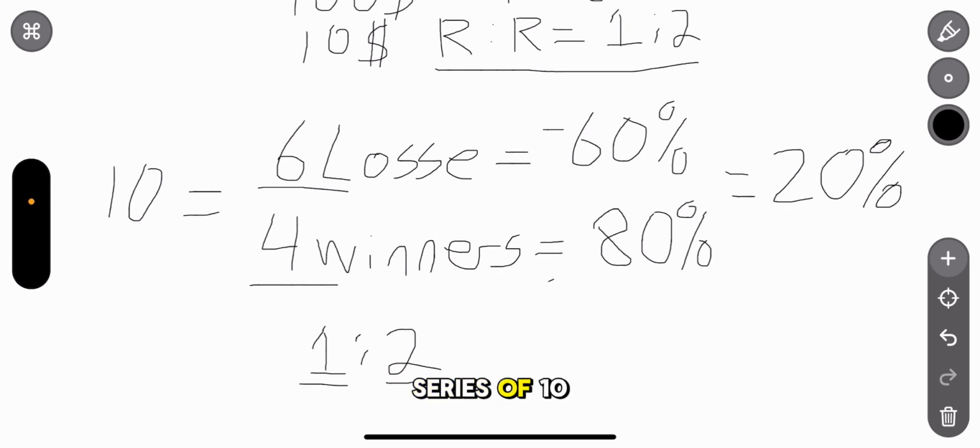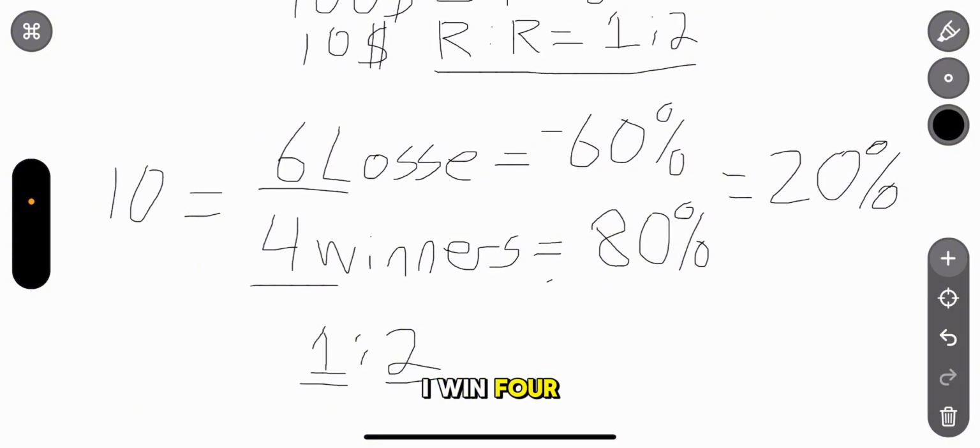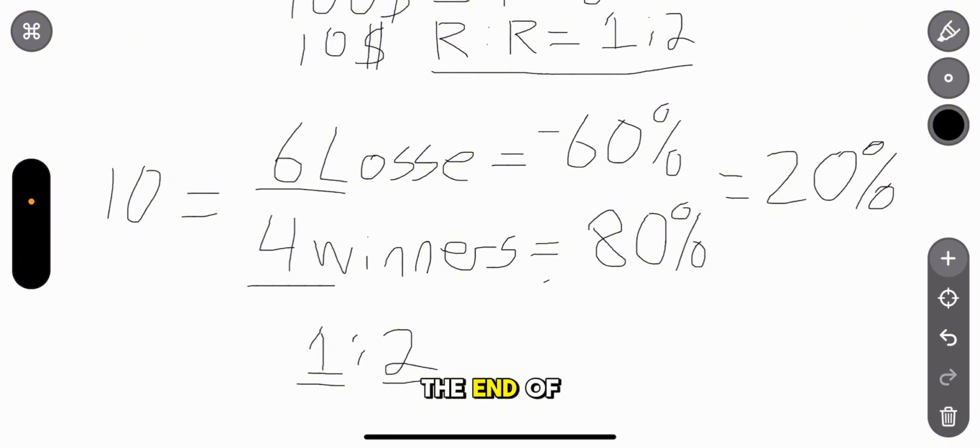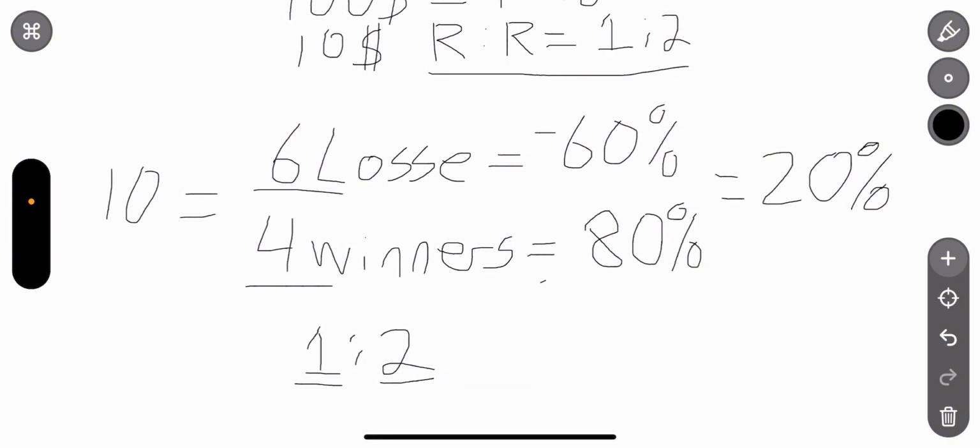Out of a series of 10 trades, if I lose 6 and I win 4 trades, even though I lost more than I won, I'm still in profit at the end of the week, or at the end of the month, or at the end of the year, depending on how many trades I took that week or that month or that day or whatever.